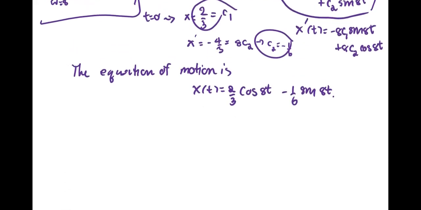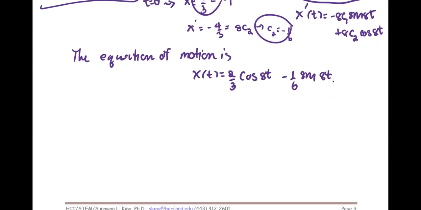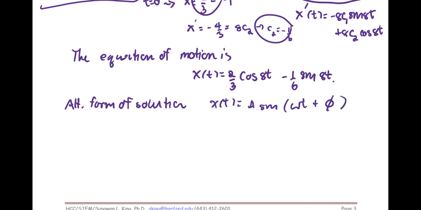But if we want to analyze more, or in the case the question asks for the period or the frequency of this motion, we can go further from the alternative form of the solution, which is in the form x at t equals A times sine of omega t plus phi.